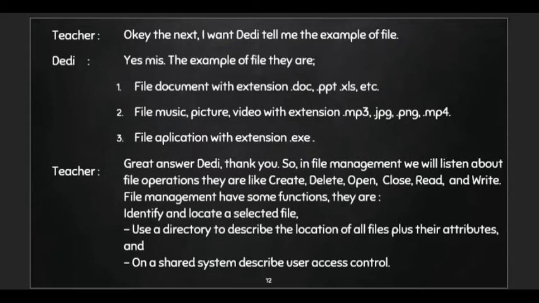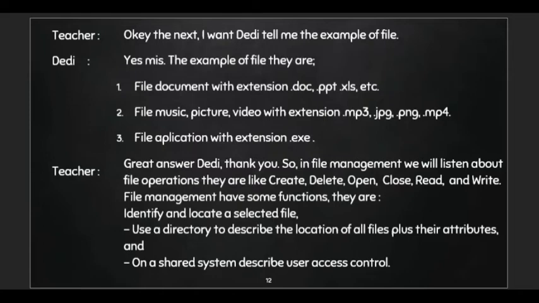Okay, and next, I want Daddy to tell me an example of file. Yes, Miss. The examples of file are document files with extensions like .doc, .ppt, .xls, and etc. And second, music, picture, and video files, with extension mp3 for music, .jpg or png for picture, and .mp4 for video.